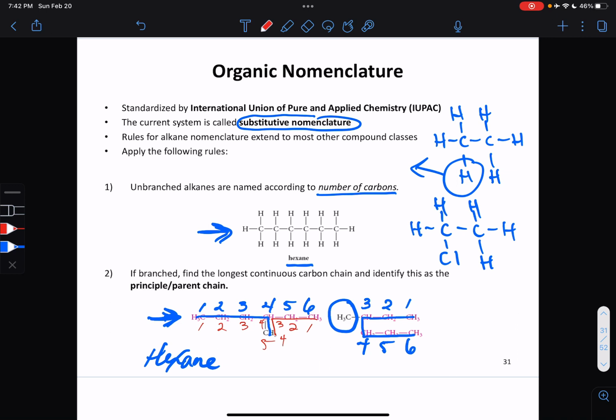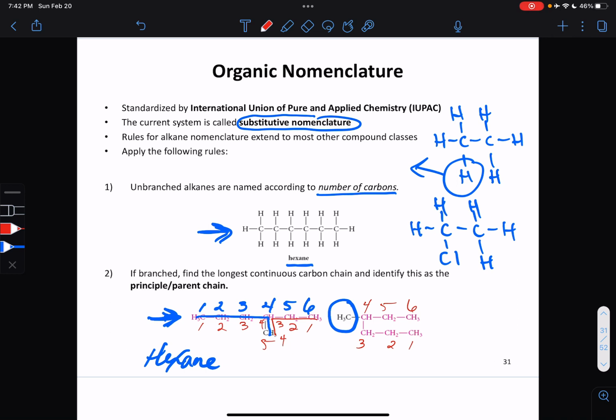And why do we not number the other way, 1, 2, 3, 4, 5, 6, which would also give us a hexane? It is because you want your branches to be hanging off the lowest number carbon possible. And that's going to be one of our next rules on the next slide.